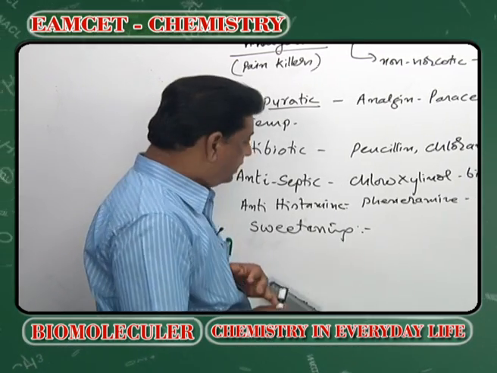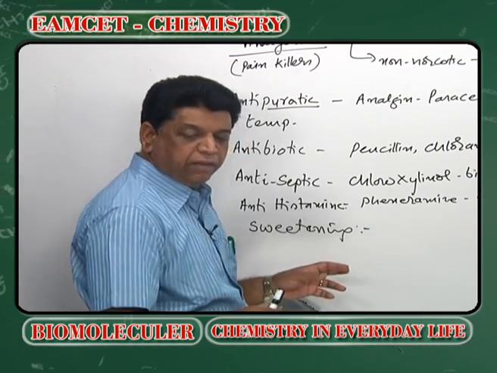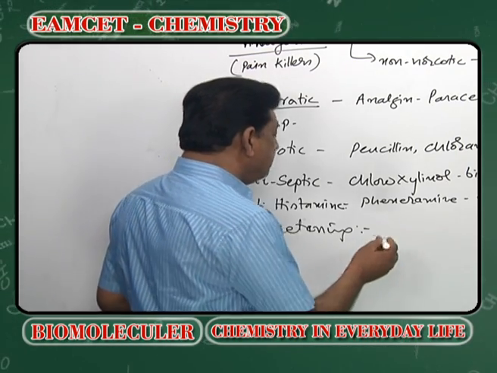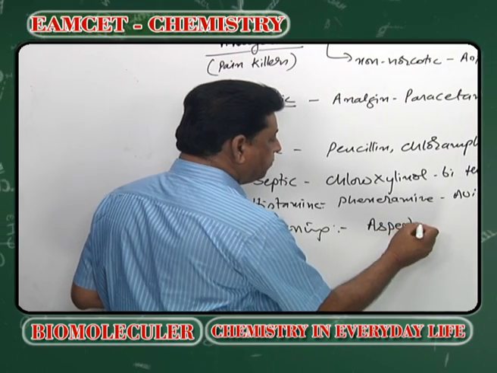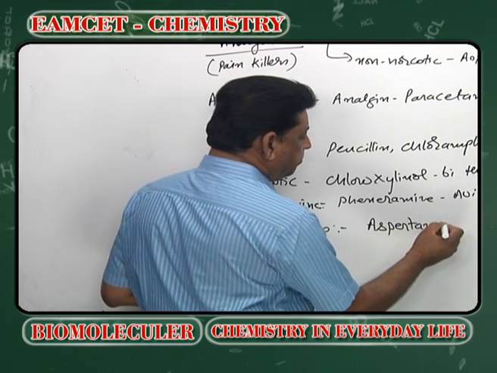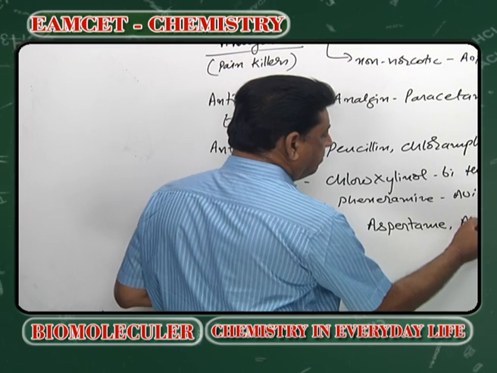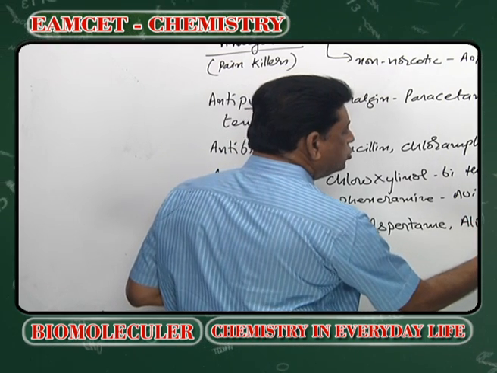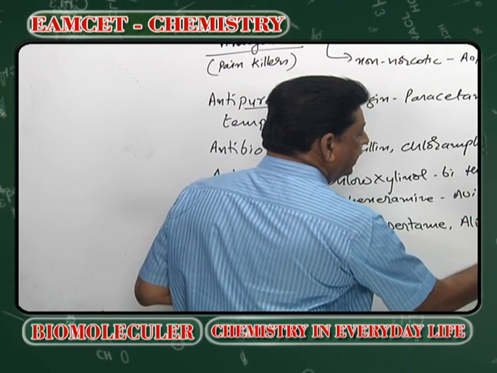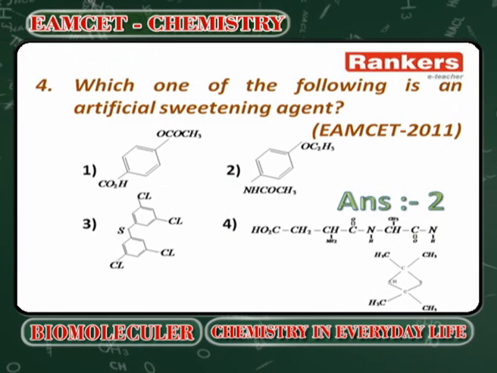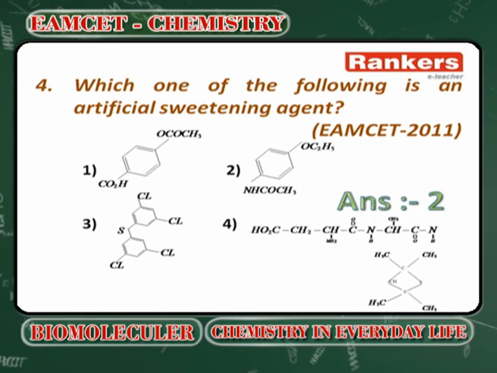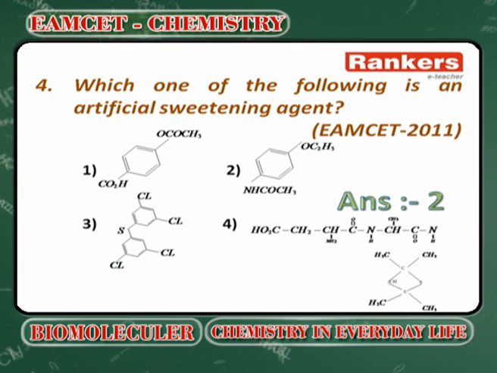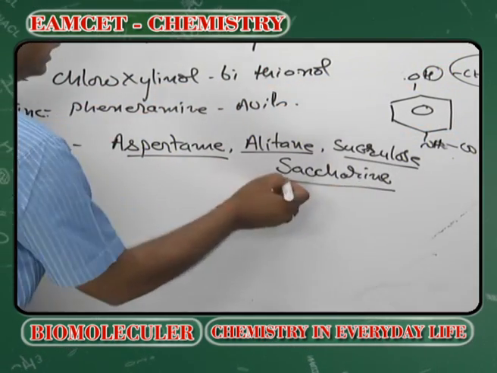We crystallize out the sucrose molecule we are using, but artificially there are 3 materials, that is aspartame, alitame and sucralose, given in the syllabus. But you can also remember saccharin. So, these all 4 are artificial.